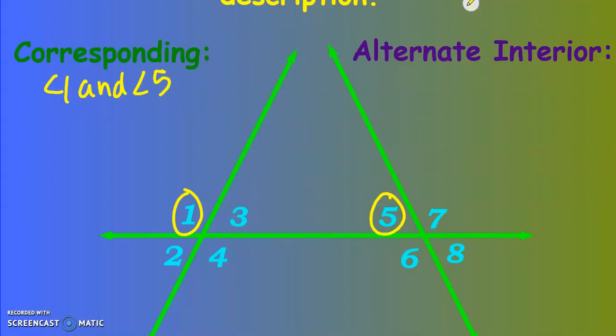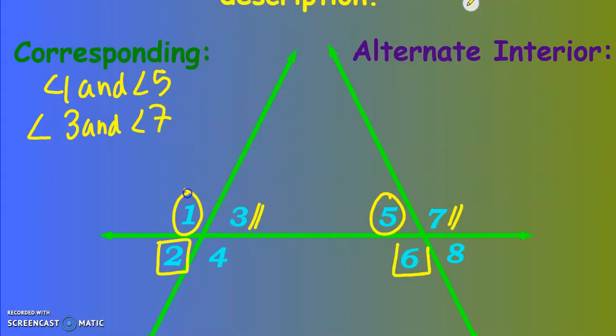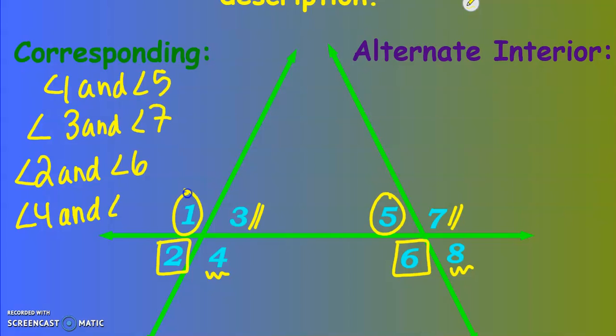And they are both in the top left-hand corner. Angle 3 and angle 7 are in the top right-hand corner. Angle 2 and angle 6 are in the bottom left-hand corner. And angle 4 and angle 8 are both in the bottom right-hand corner. So they are corresponding.